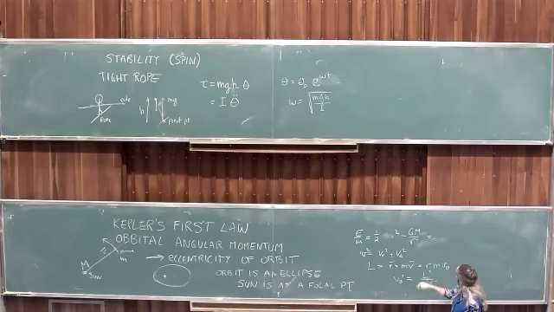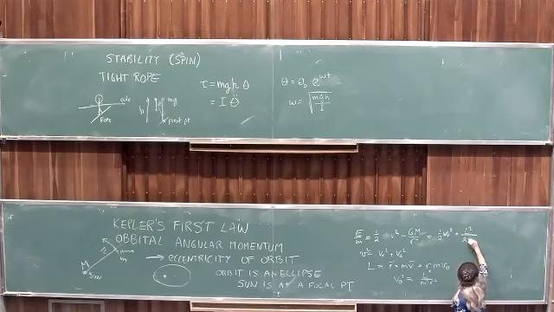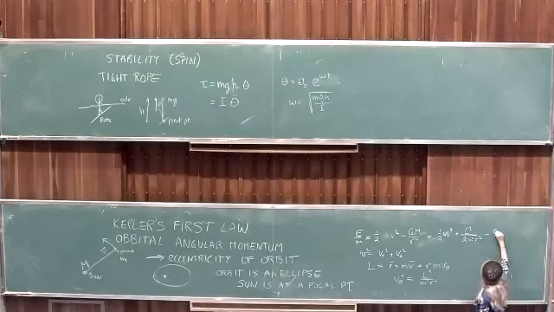Okay? And that means I can write the total energy per unit mass. So E over m, L over m, I can write this as 1/2 r dot squared plus L squared over 2 m squared r squared minus G M over r.